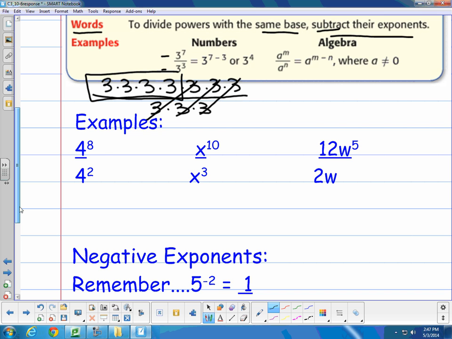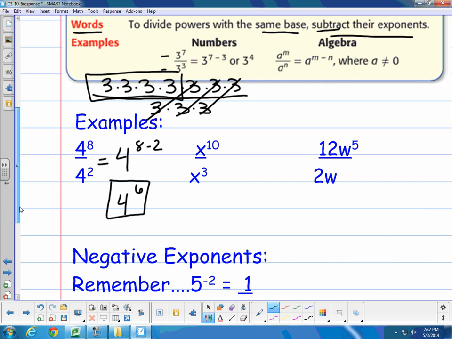So, here I know my rule is when dividing powers, when finding the quotient of powers, I'm going to just subtract my exponents. When I do that, 8 minus 2, I know is 6. Okay? So that is me simplifying that. If they wanted me to solve, I would just multiply 4 times itself 6 times for another answer.